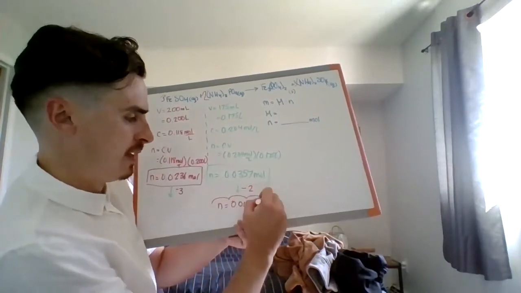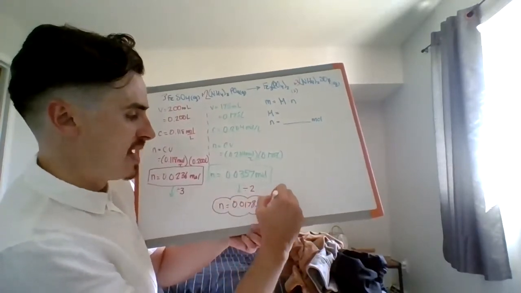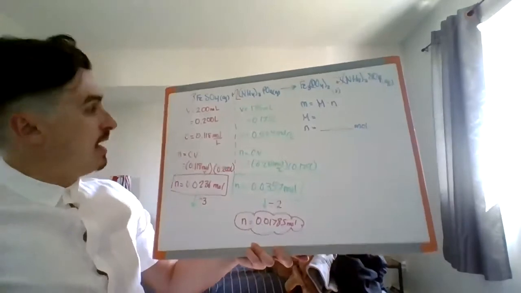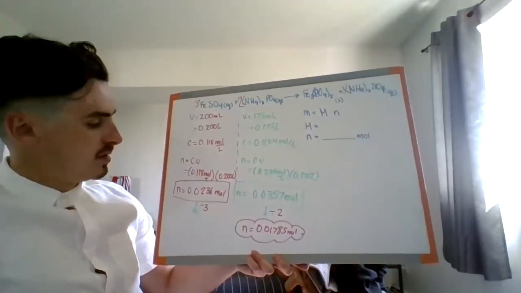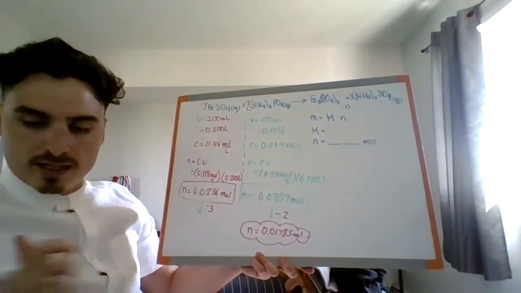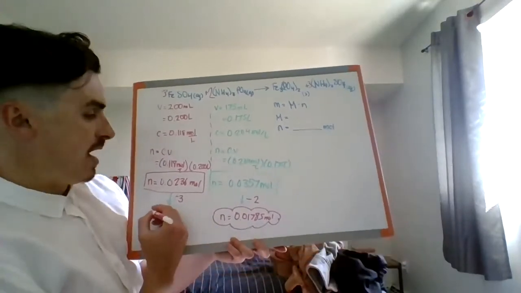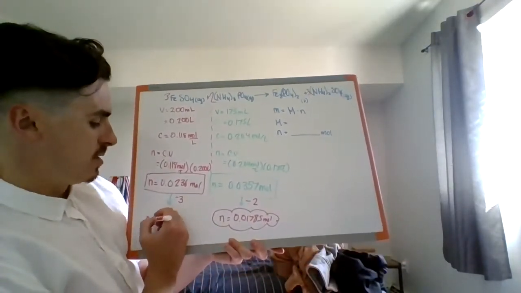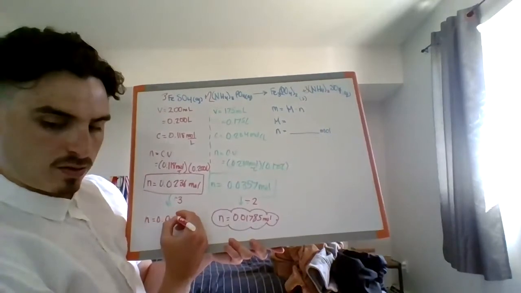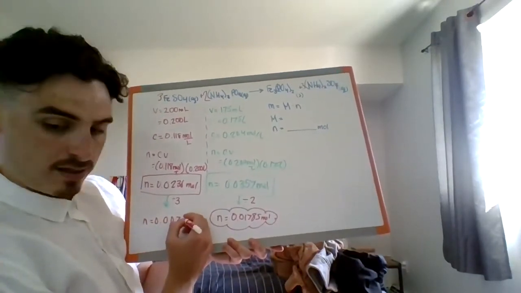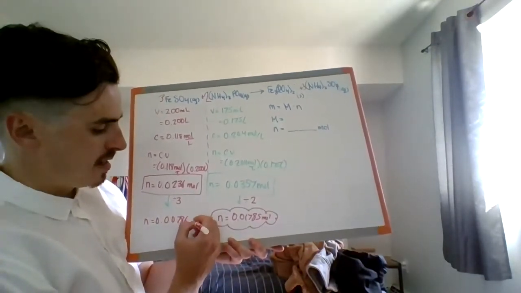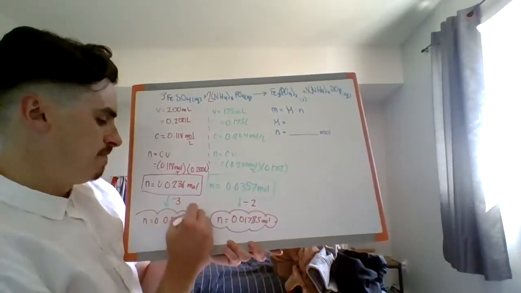Okay, that is my final reacting moles for this. And then 0.0236 divided by 3. I'm going to get n equals 0.00786 moles. Don't round that number.